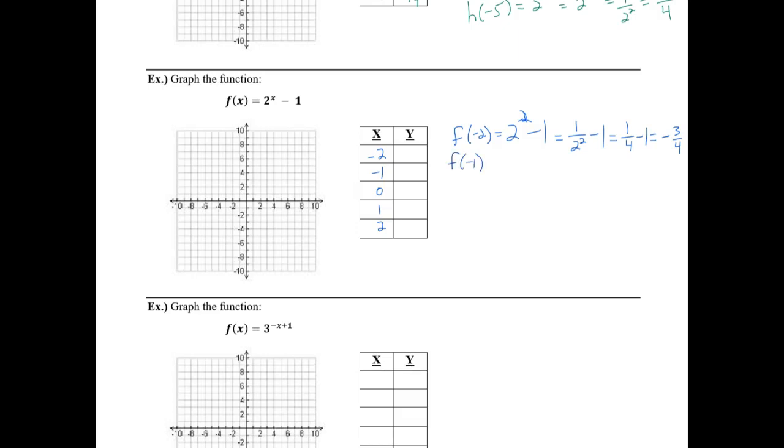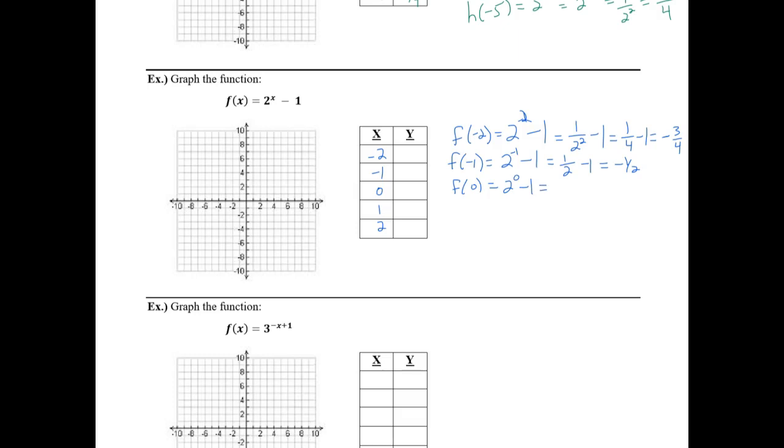F of -1. We do 2 to the -1 minus 1. That is the reciprocal again, 1 over 2 to the first power will just be 1/2 minus 1. And 1/2 minus 1 is -1/2. F of 0. 2 to the 0 minus 1.